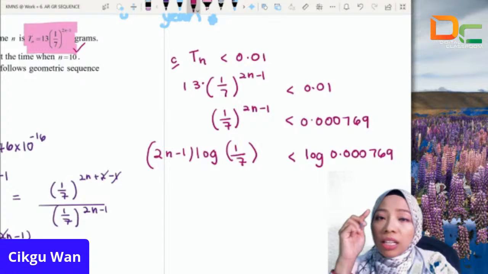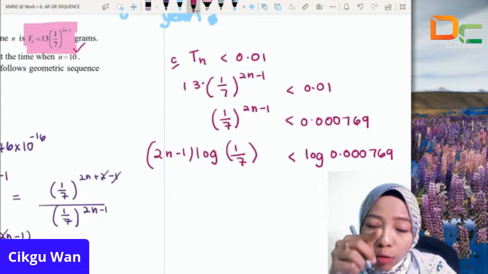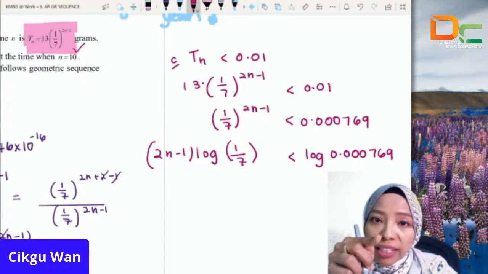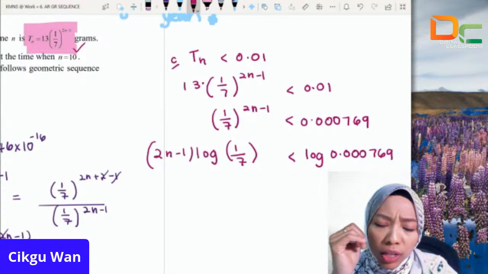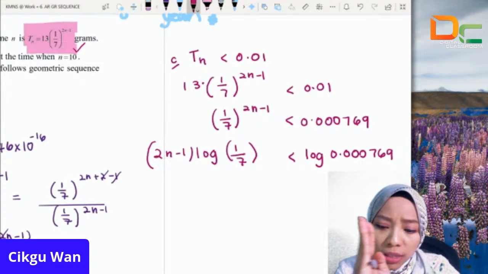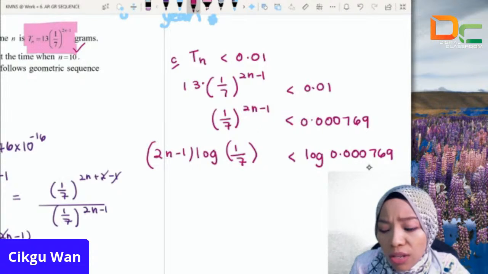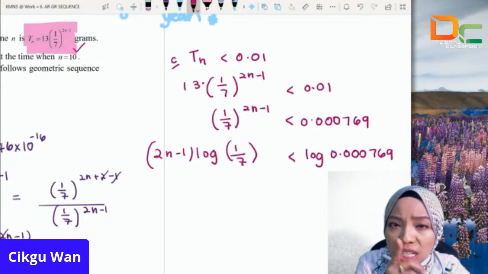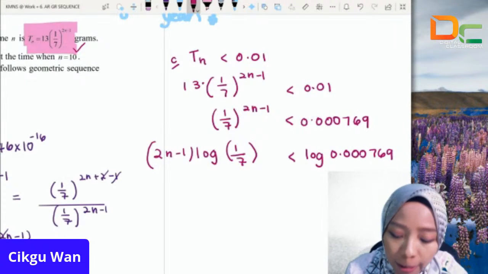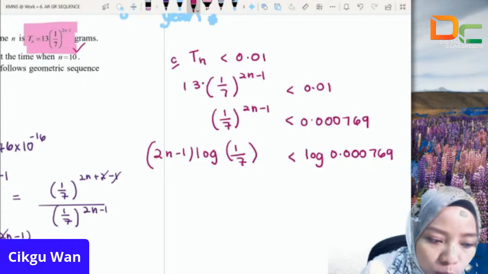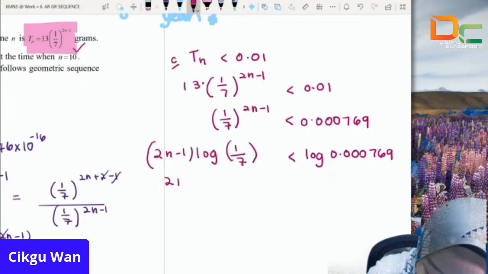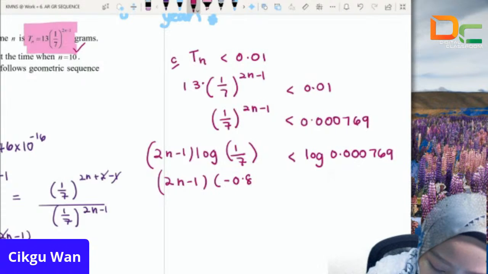Okay, bear in mind log kalau pecahan, kalau log pecahan, log less than 1, in between 0 until 1 dia mesti negative. So if negative, if you are multiplying or dividing with negative number, you have to change sign. So bear in mind. So cuba tekan log 1/7. Negative 0.8451. Betul ke tidak? Sama tak?